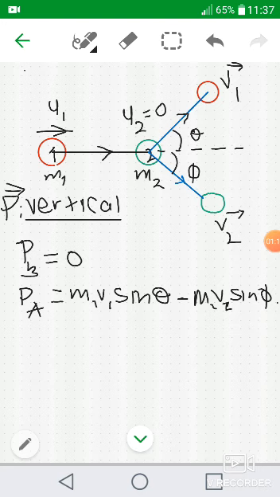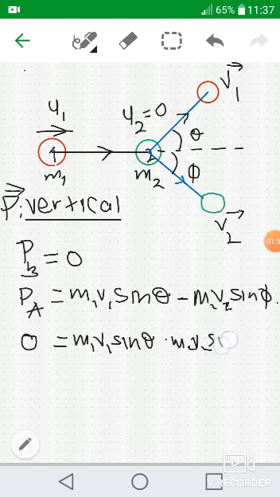Now we know that momentum before collision is equal to momentum after collision. Now from that, we shall say that before collision it was 0 vertically, after it is m1 v1 sine theta minus m2 v2 sine phi.